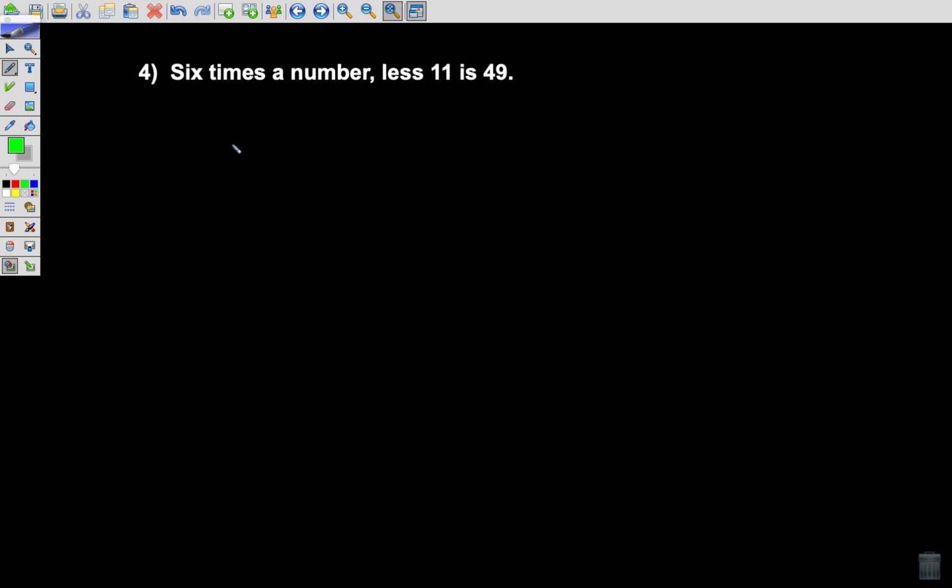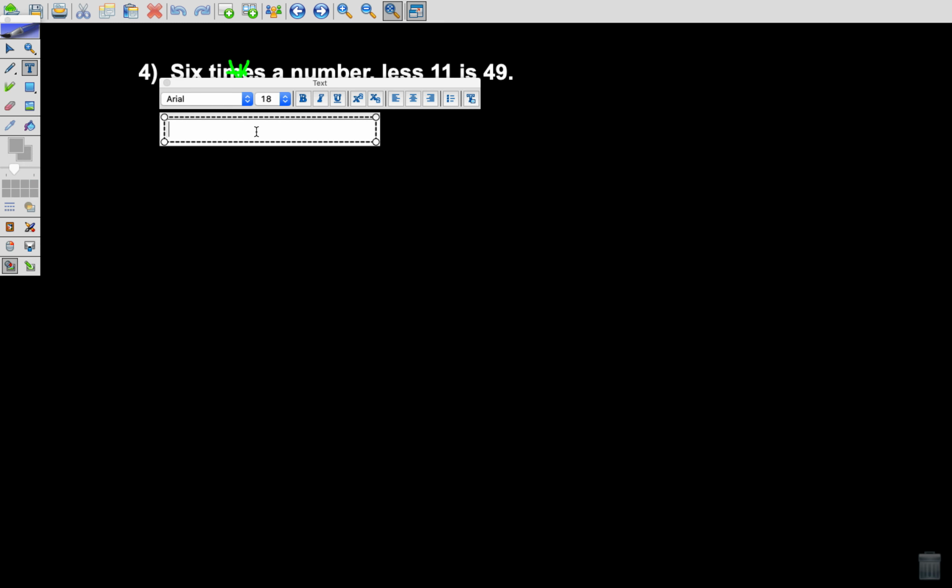All right, next. 6 times a number less 11 is 49. Well, 6 times a number is the same as the product of 6 and a number. So literally that is 6 times, that's a multiplication symbol, so 6x. And then it says less 11.